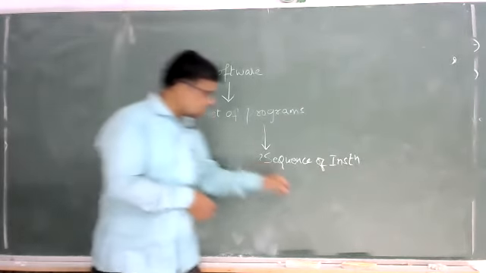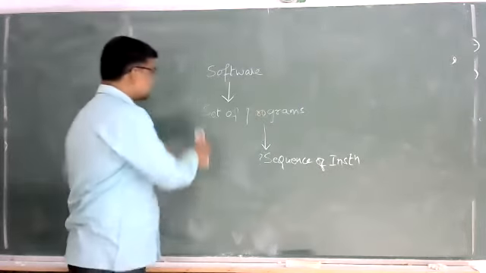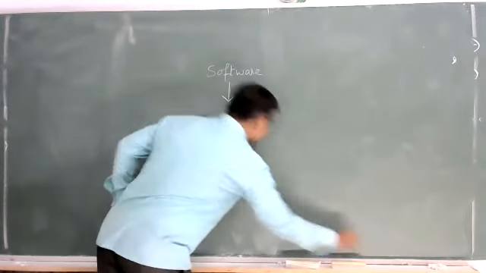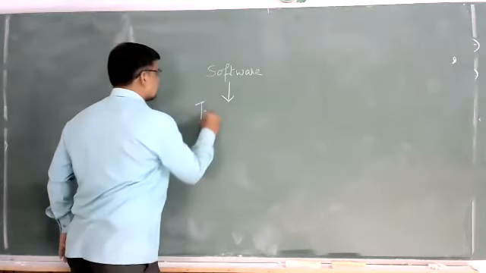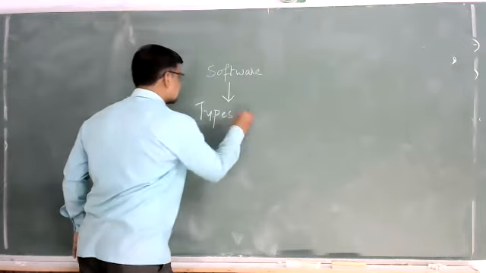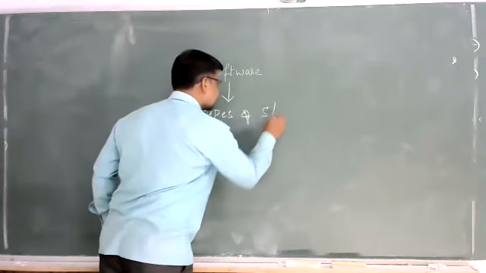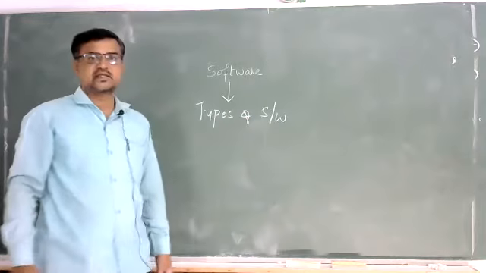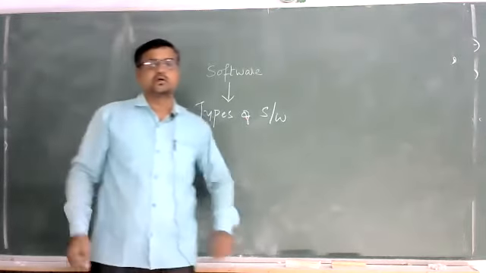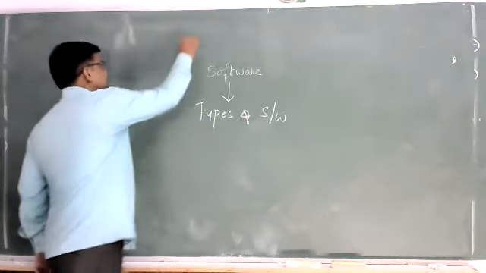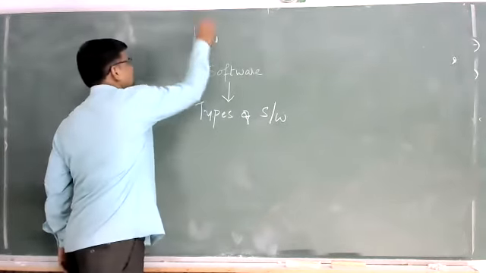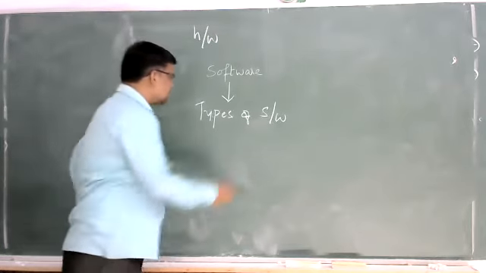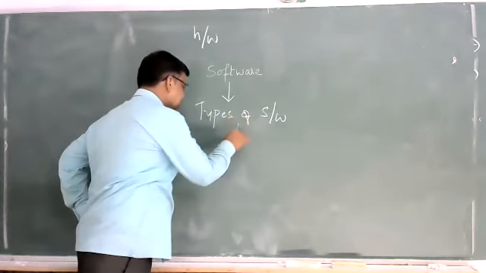Now let us move forward one step and try to understand the types of software in today's session. Types of software. I'm going to write software in short form as S/W. Hardware is written as HW. Now, what are the different types of software?